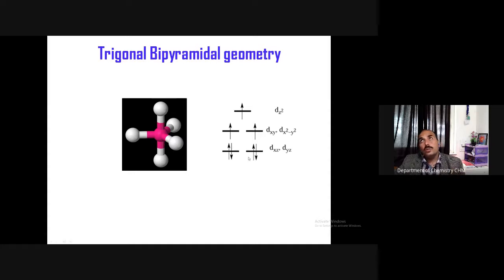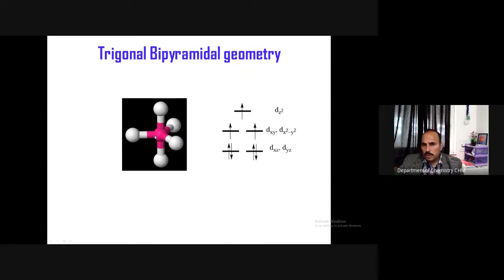So even if you do not remember how the splitting diagram should look like, you can still make the energy level diagram or d orbital splitting energy diagram just by imagining how a geometry looks like and how the shape of the 5 d orbitals looks like.